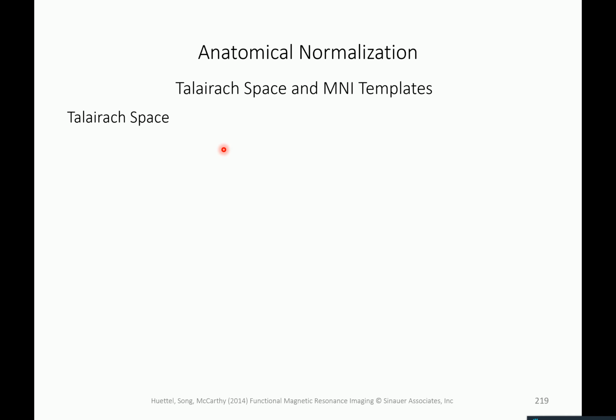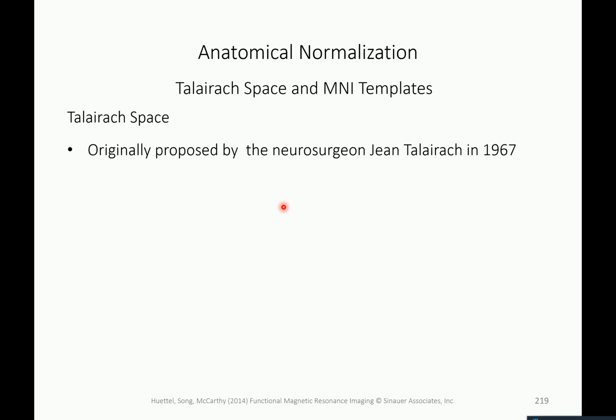For anatomical normalization, there is one space that is usually used, called the Talairach space. There are two things around, namely Talairach space and MNI space, but they are closely related, and this is what I'm trying to explain now. Talairach space is a normalized brain space. Originally, it was proposed by Jean Talairach in 1967.